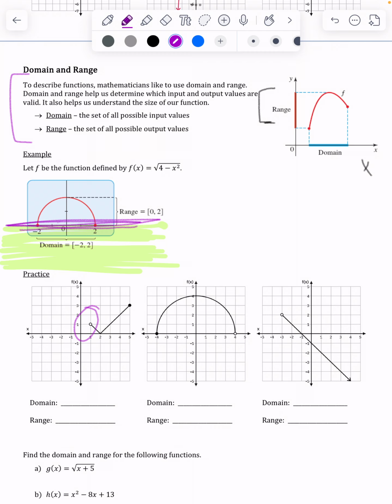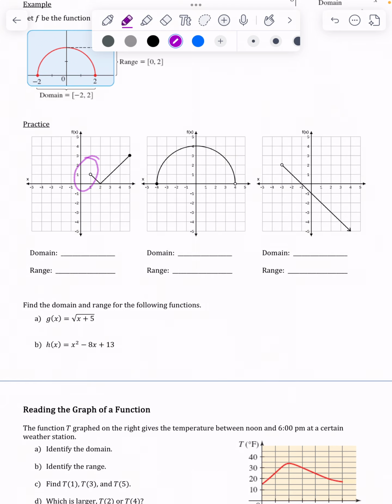That's the y value. And I am touching all the y values all the way up to this point. That's the very top y value. So this graph touches all the y values from 0 to 2, which is why that is my range. So I'm looking at what the graph is touching from left to right for domain and bottom to top for range.